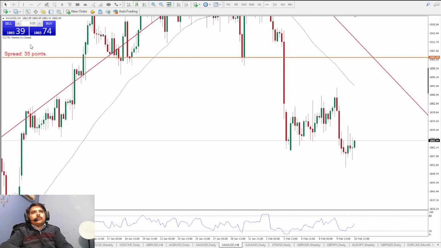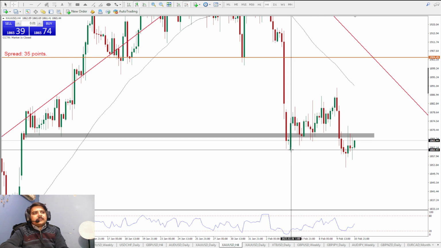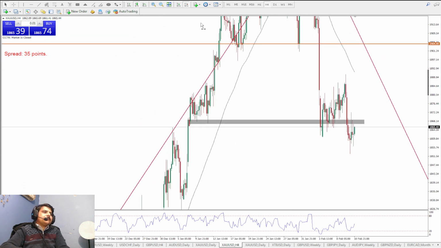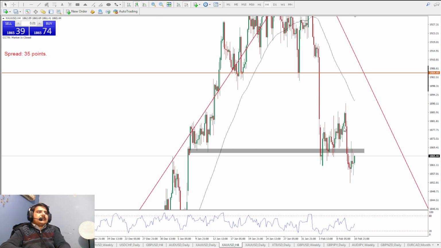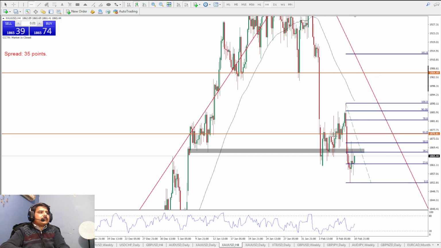First of all, where we have a support, so what has happened to the mouse? See, a false breakout right here, then a little rally to the top, then a drop. Now let's see. Well, I think on the H4, technically it will be giving me a sell trade, but that will be too much risky.